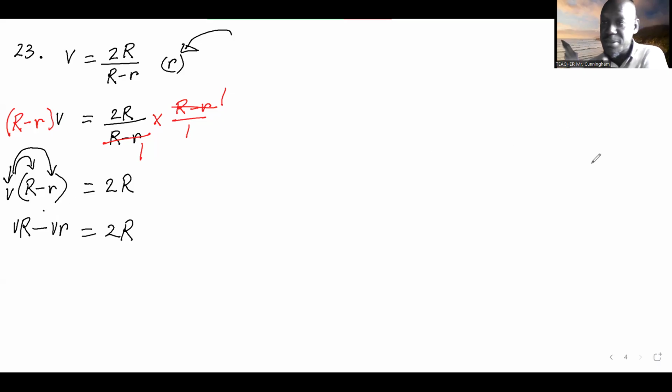This part here, I'm putting it in red, it's negative, but the R you're finding for is positive. So what are you going to do? You're going to place it on the left-hand side and make the sign change. I'm doing it slowly. It becomes positive VR.